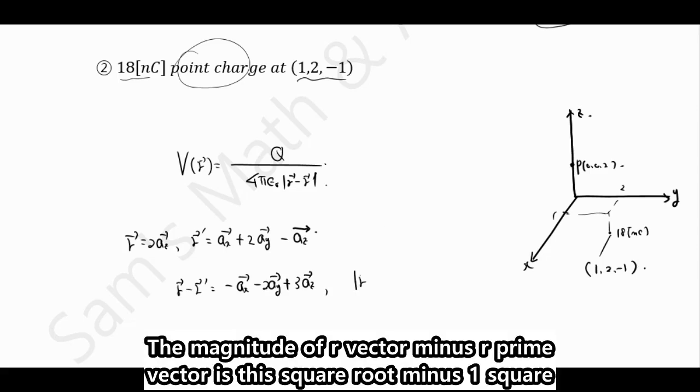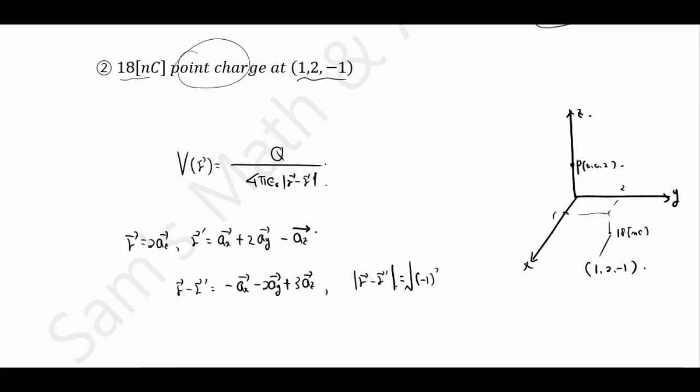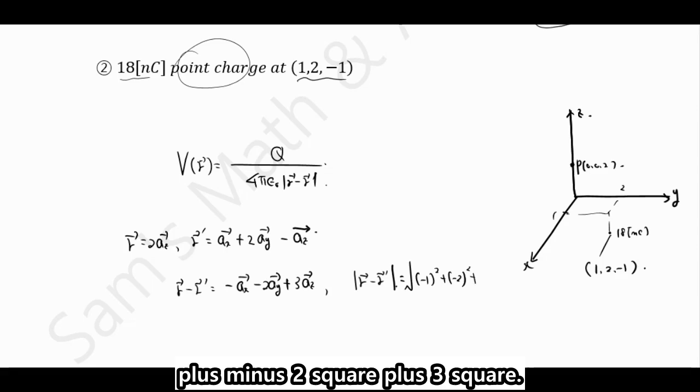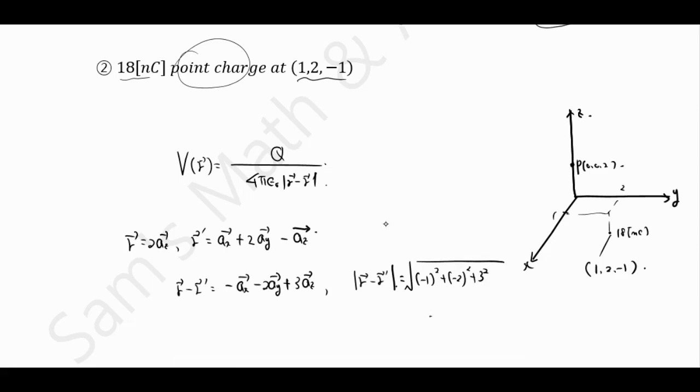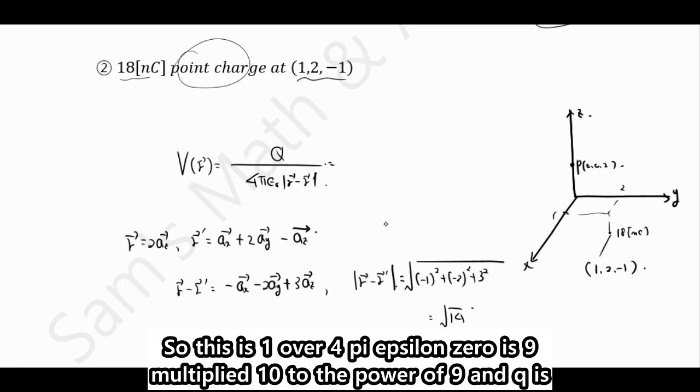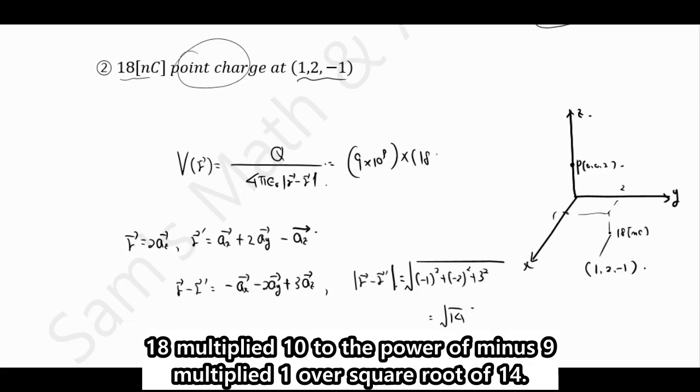The magnitude of r vector minus r prime vector is this: square root of minus 1 square plus minus 2 square plus 3 square, the square root of 14. So 1 over 4 pi epsilon 0 is 9 multiplied by 10 to the power of 9, and q is 18 multiplied by 10 to the power of minus 9, multiplied by 1 over square root of 14.